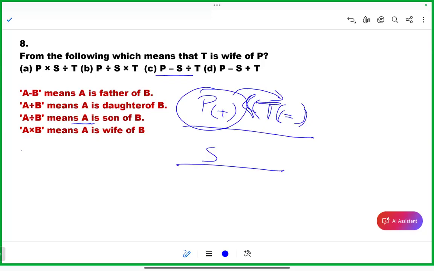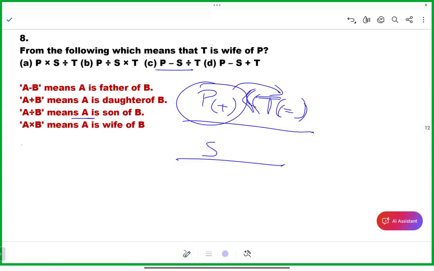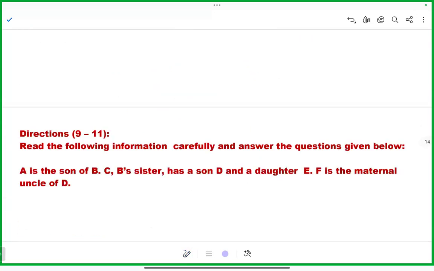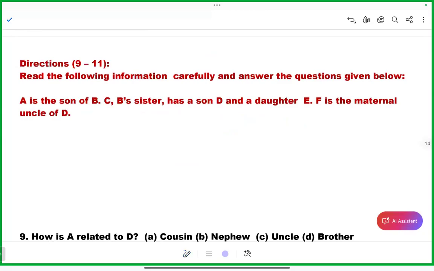So blood relations. Okay. Let's continue.